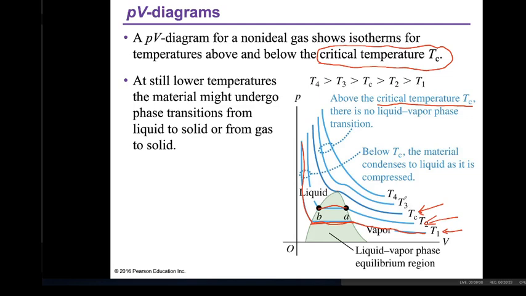When the temperature is too high, then no matter what the pressure is, even if you try to reduce the volume or increase the pressure a lot, the gas is always gas. It doesn't transform into liquid. So that's the critical temperature. When your temperature is above the critical temperature, there's no liquid, no matter how much pressure you give to your system.